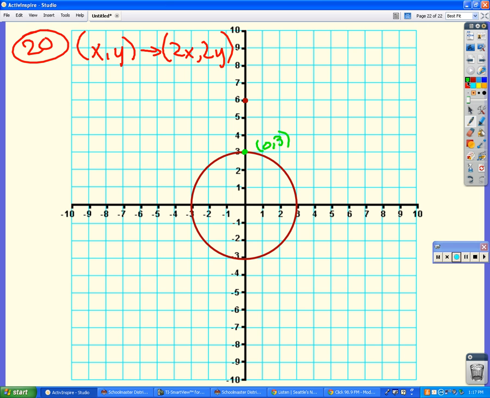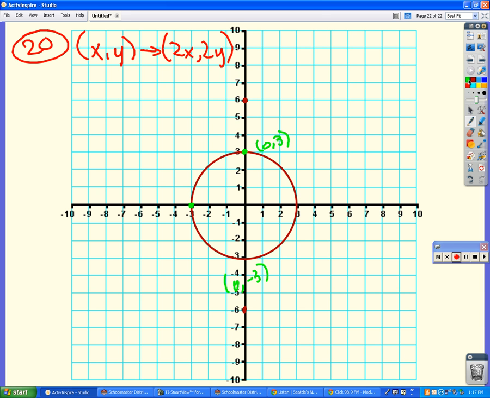Okay. Give me another point on the circle that I can easily work with. 0, negative 3. If I double both of those coordinates, where am I going to end up now? 0, -6.